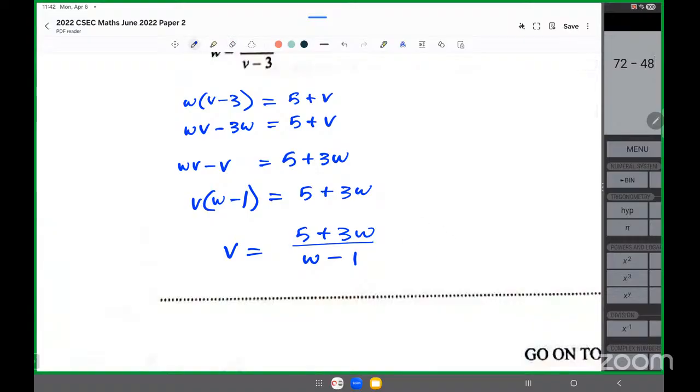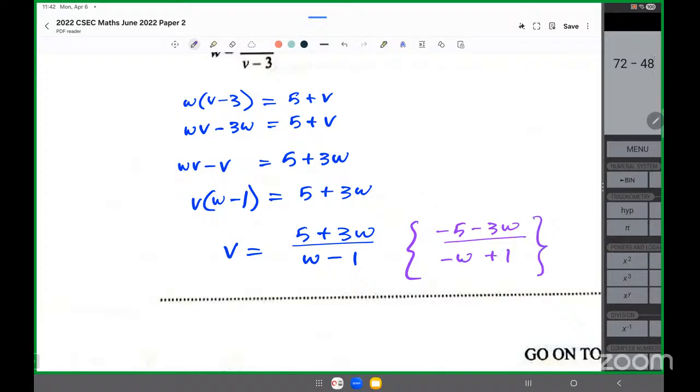Let me show you something. If you had transposed and put this over this side instead of V being the subject over this side, this expression would have become the negative. You would have gotten minus 5 minus 3W over, it becomes negative and it becomes positive, minus W plus 1.